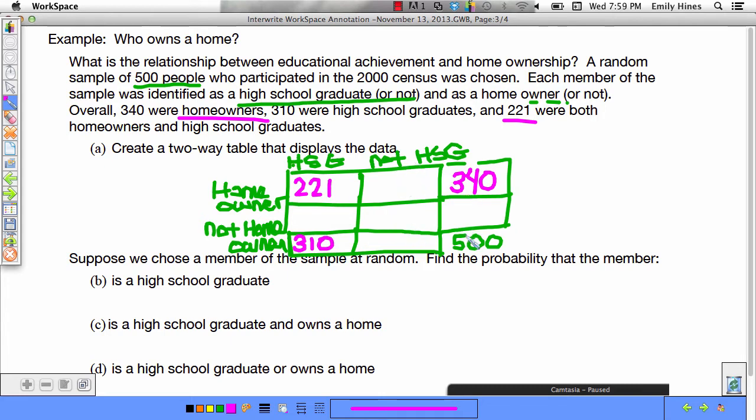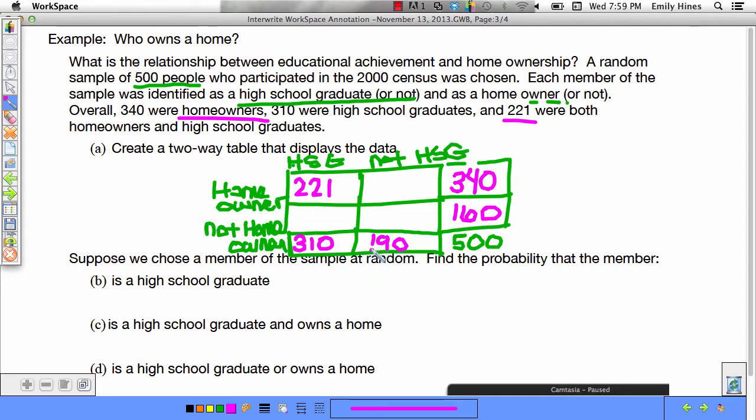Now, thanks to these numbers, I can go ahead and fill in the rest. If the total was 500 and 340 were homeowners, then that means 160 were not homeowners. Likewise, if 500 were the total and 310 were high school graduates, that means that 190 of them were not high school graduates.